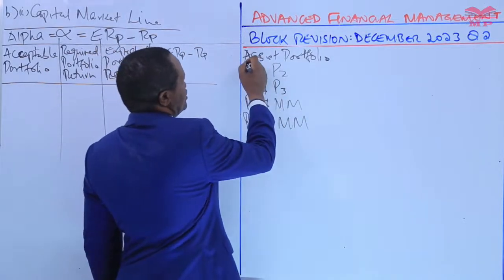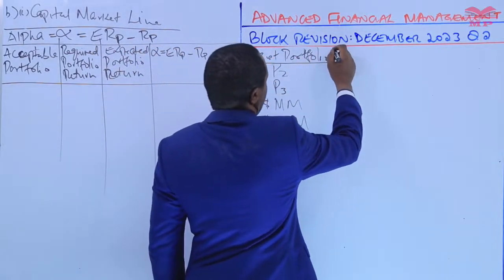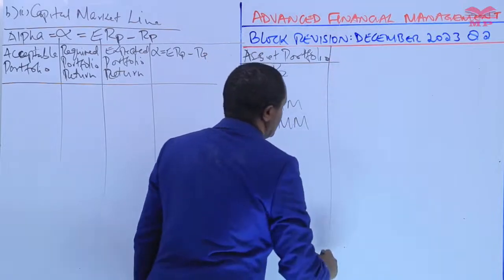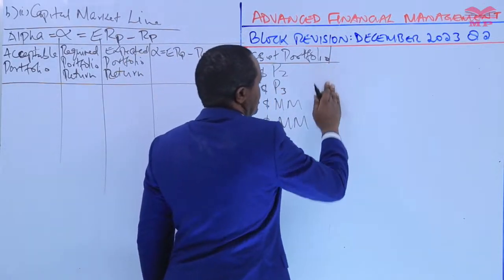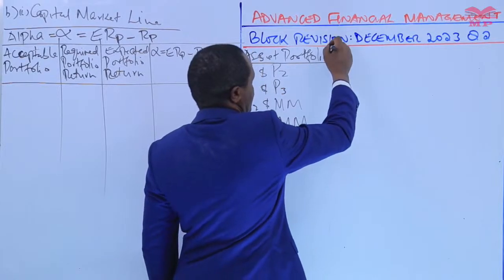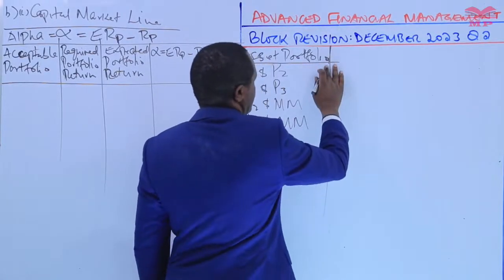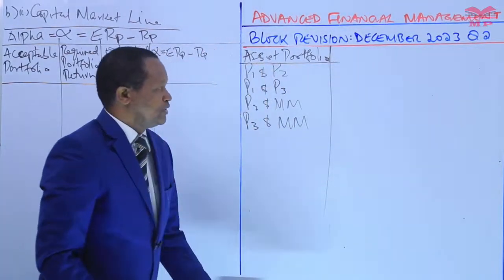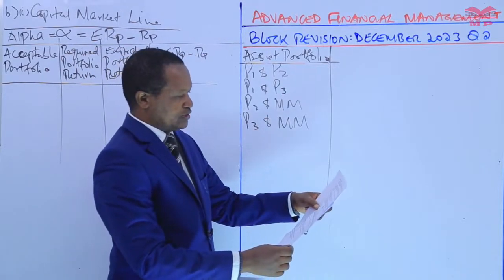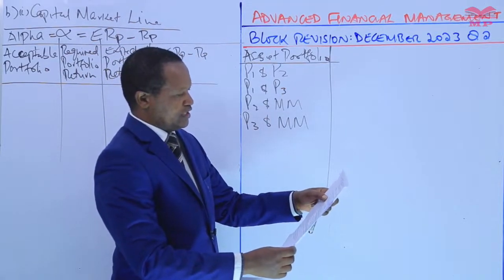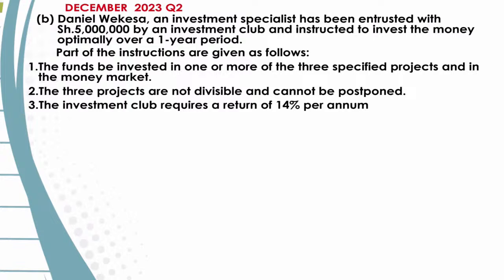So out of these possible combinations, we are going to determine efficient portfolios. Efficient portfolios are the ones that promise a higher return than what we read in note number 3, part of the instructions. Number 3, the investment club requires a return of 14% per annum.